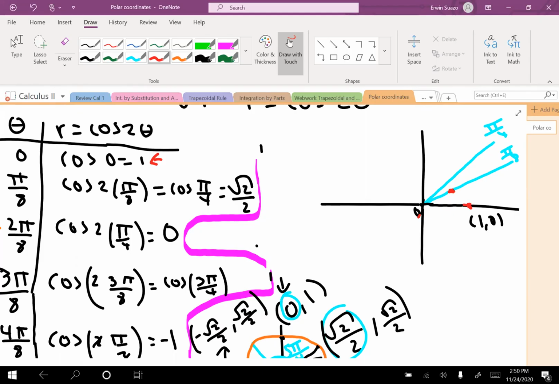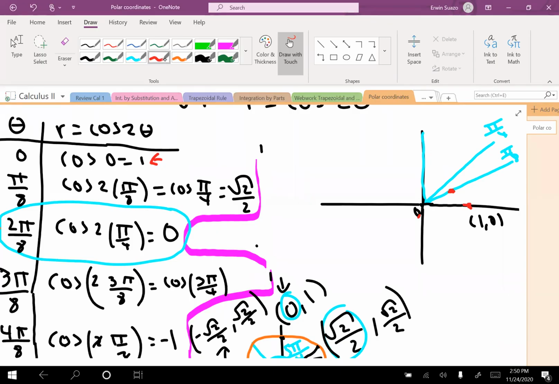But the next one is at pi over 2, that is pi over 2 is here. What is my radius? 0.